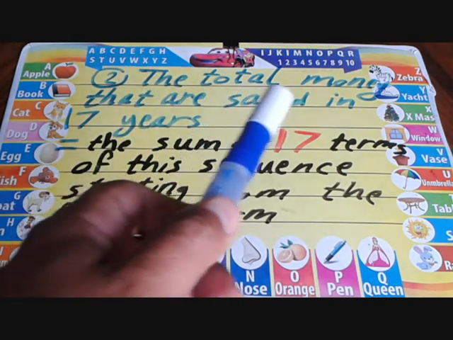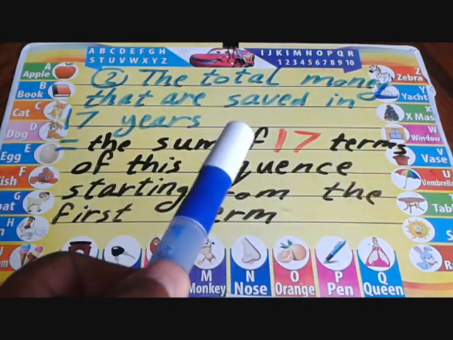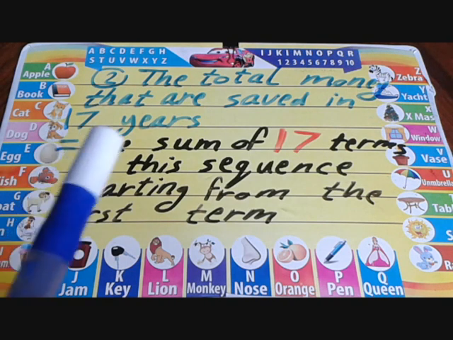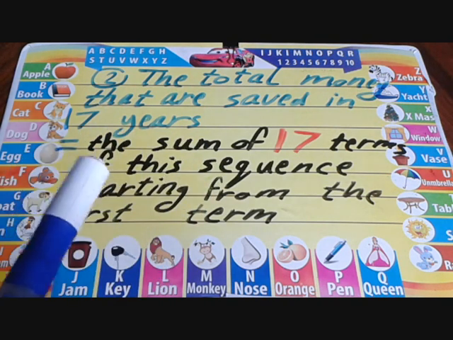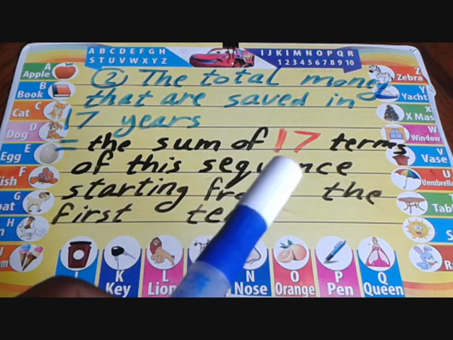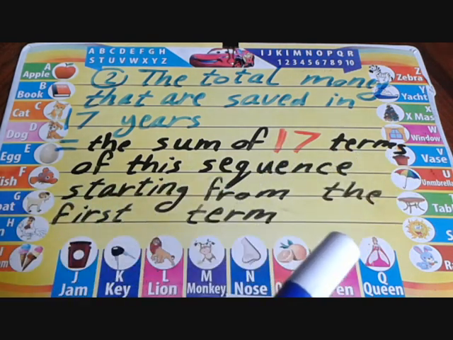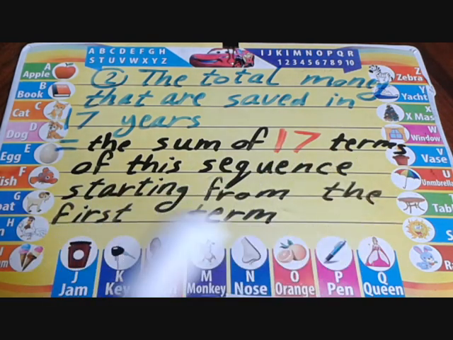The total money that is saved in 17 years equals the sum of 17 terms of this sequence starting from the first term.